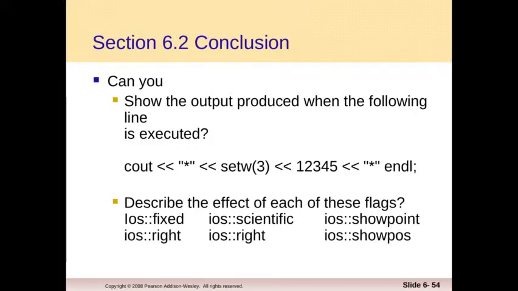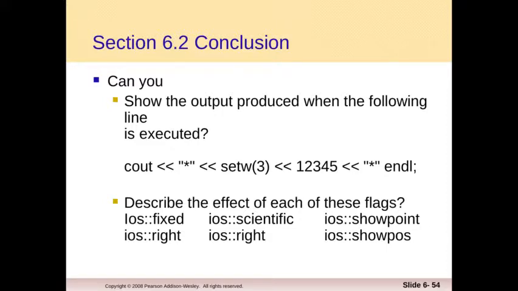I mean, if you have a number like 15.5, that 0.5 is going to be shown because it has digits after the decimal point. But if you have 7.0, for example, then if you don't put show point, the 0.0 is not going to be shown.